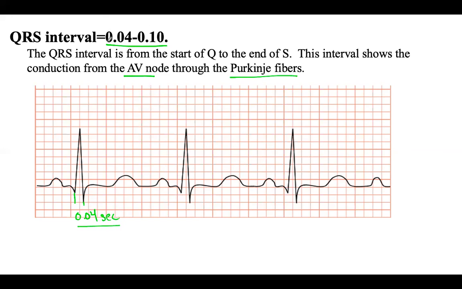The normal range is 0.04 to 0.12, which in layman's terms is a maximum of 2.5 small boxes. So not much space, right? For us, it was only one box, which is 0.04 seconds, which means our QRS interval is within the normal range, as the electrical impulses are effectively spreading throughout the ventricles.